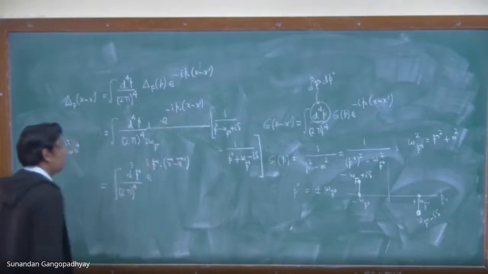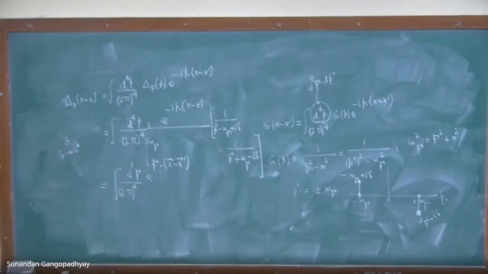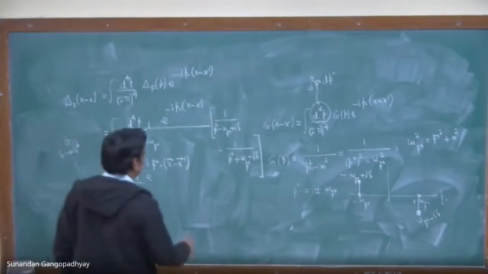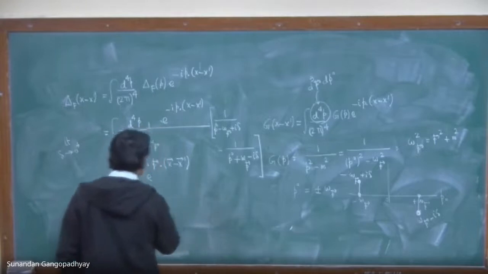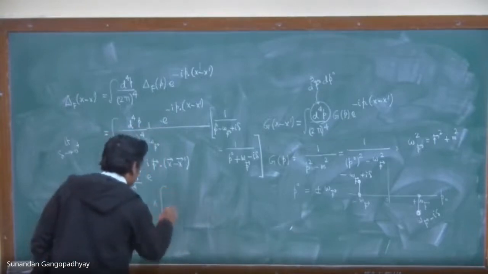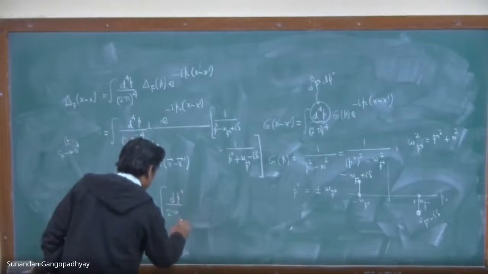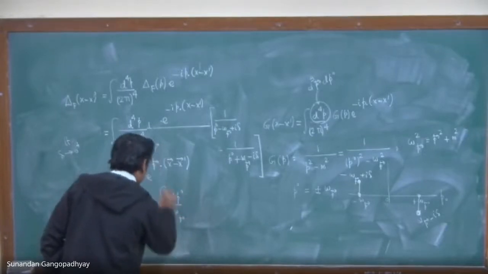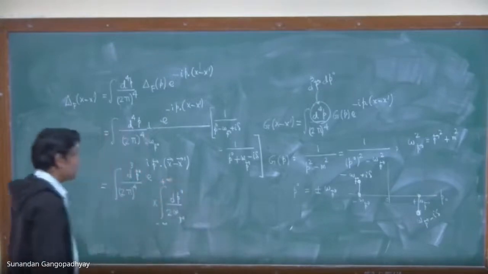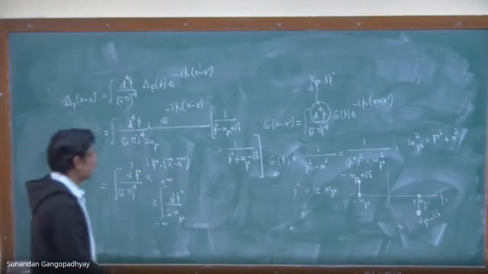So that is what this thing will give us. And then we will have the integral dp0 by 2 omega p. This integral is from minus infinity to plus infinity along the real line.